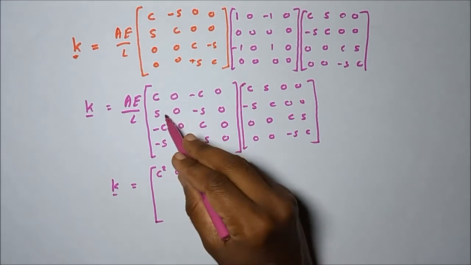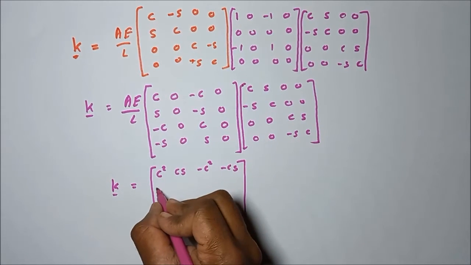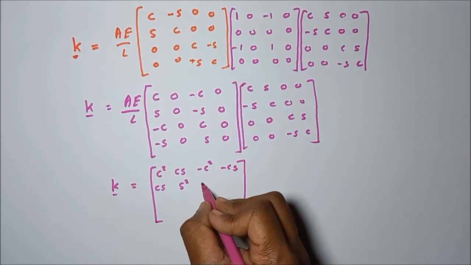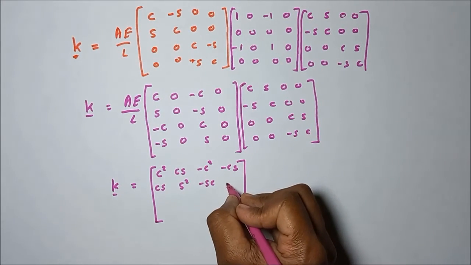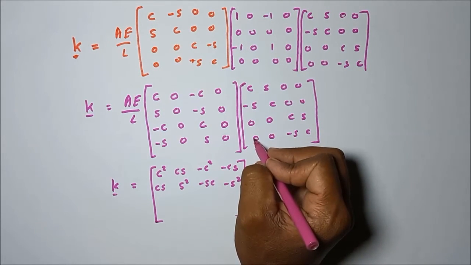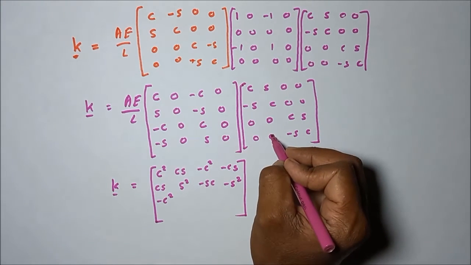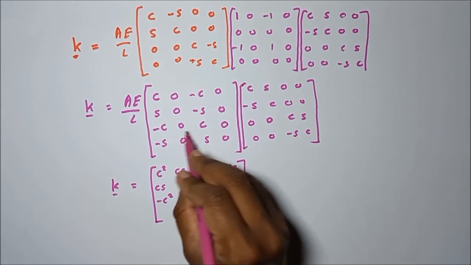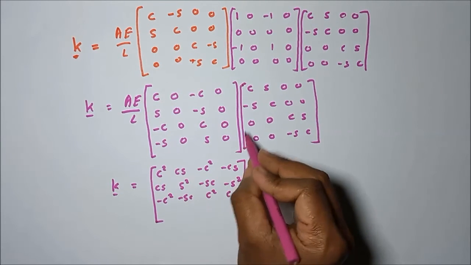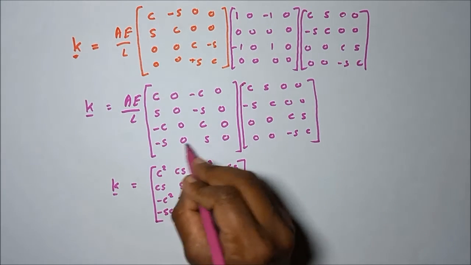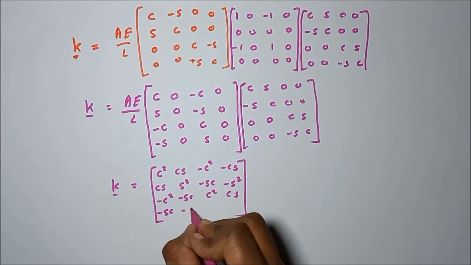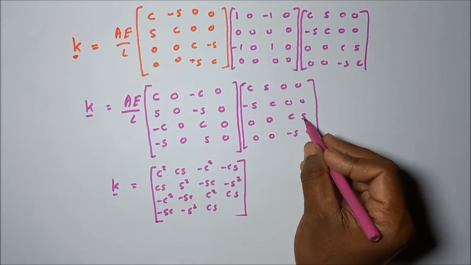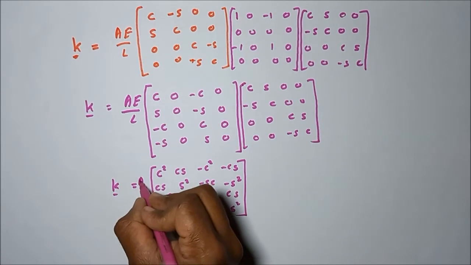Then for the next row we have CS, S square, minus SC, minus S square, then minus C square, minus SC, C square, CS, and minus SC, minus S square, CS, S square. Here, the AE divided by L.